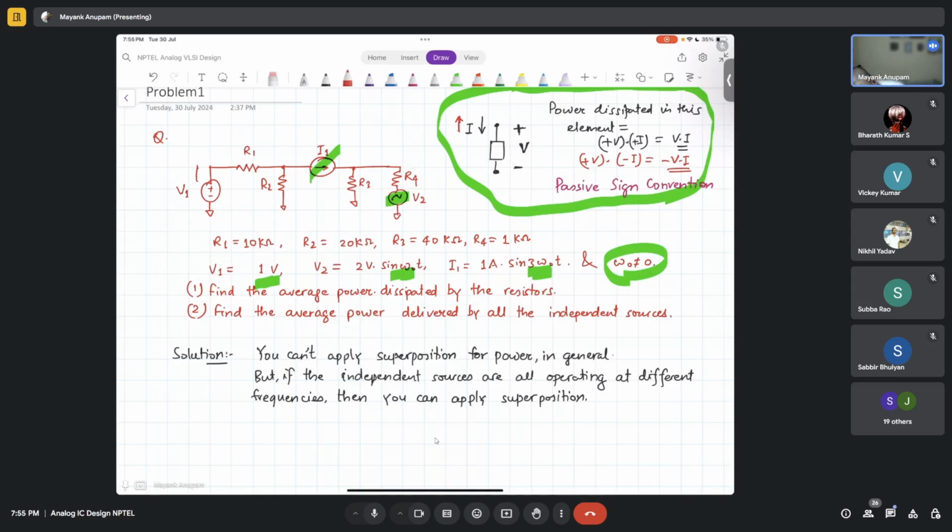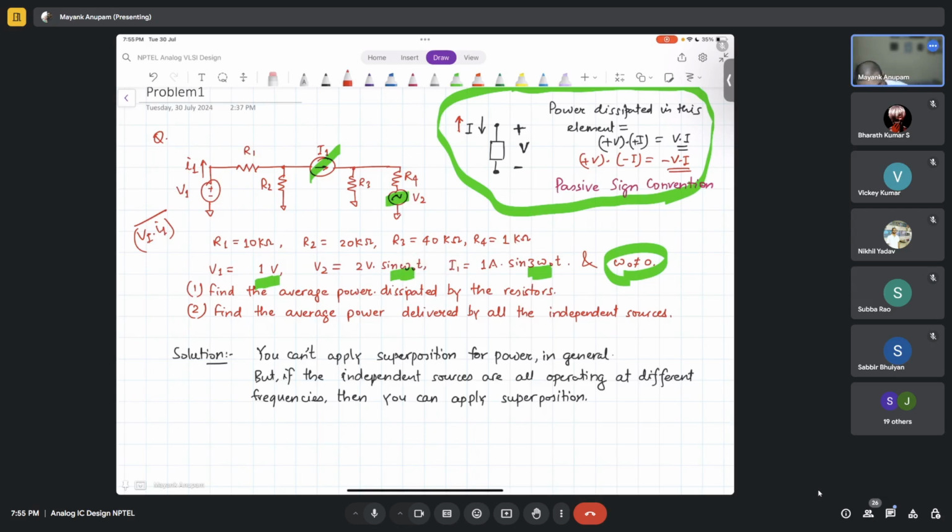You find out what is the current that is going out of this, then you find out the product V1 times I1 and then average it. So that way you will get positive power means power dissipated, negative power means power delivered.